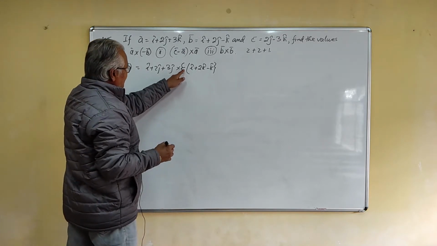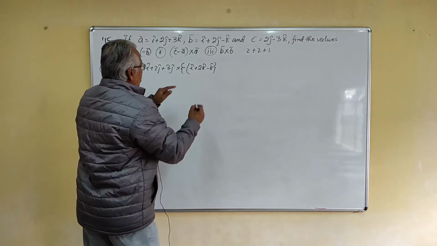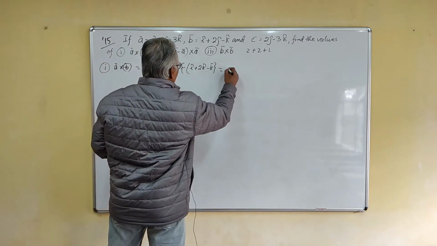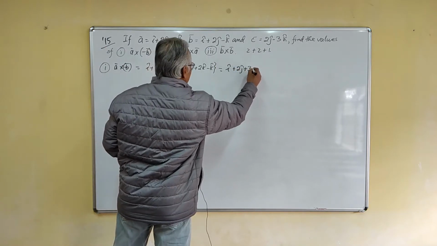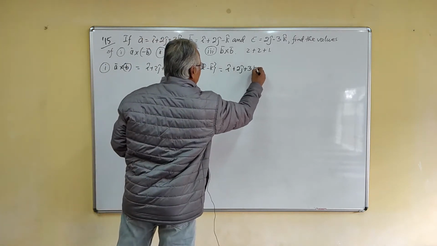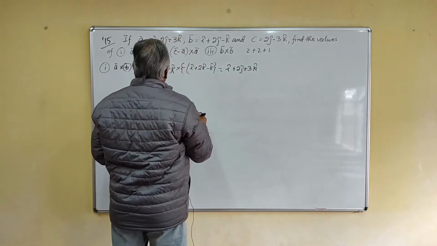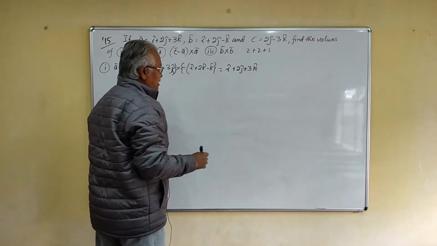Minus is there, so minus will operate there. So it will be i plus 2j plus 3k, right? Okay, let's put this also in the bracket to be on the safe side.